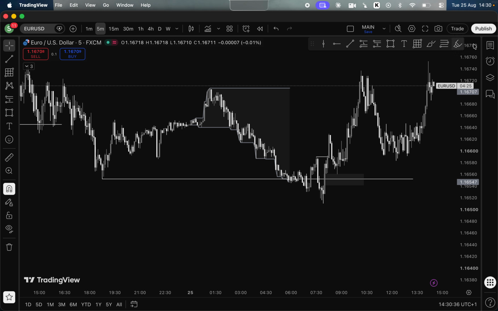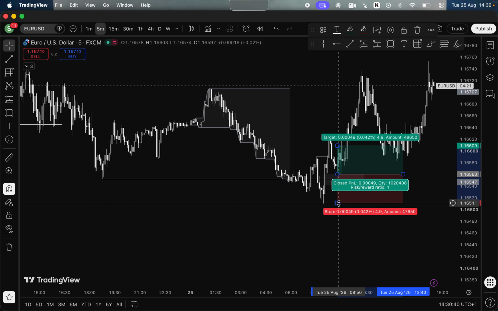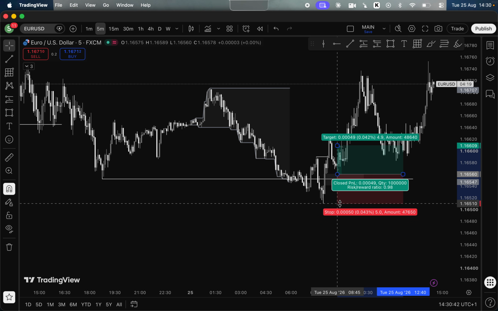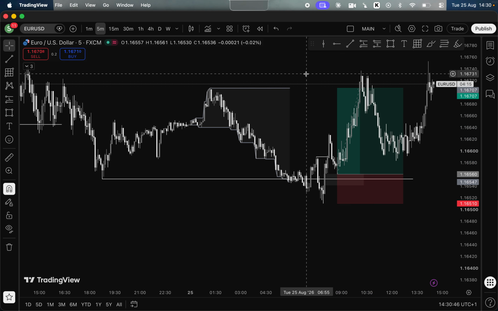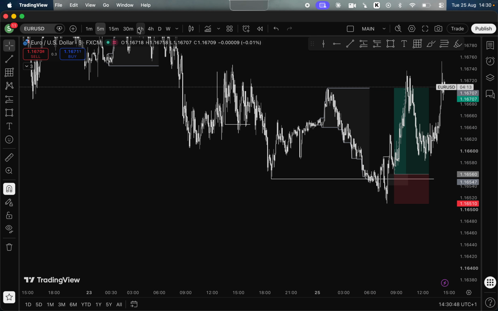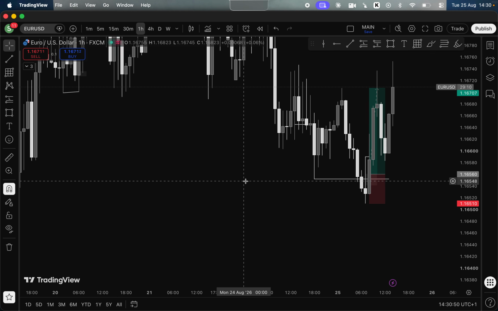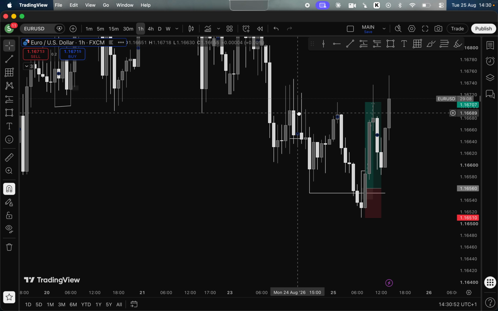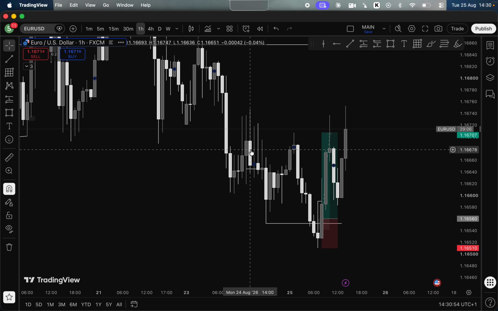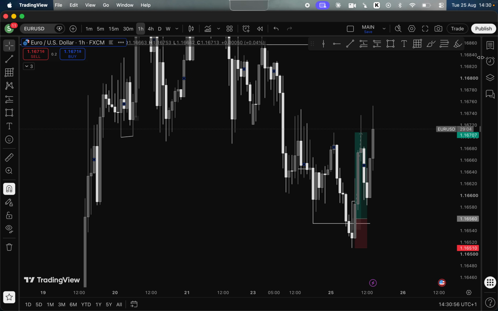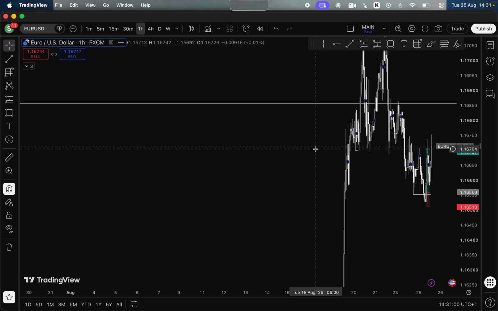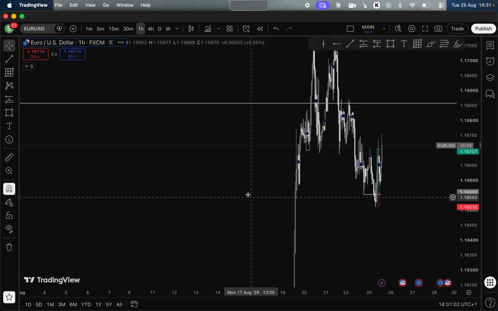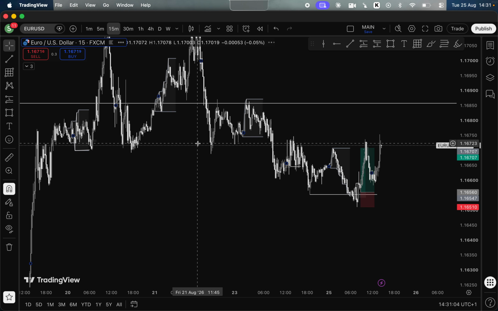Let's have a look. I just want to see how the R would have been. Yeah, I mean, you could have left runners. This to me is just a bit of a pullback, I think, anyway.